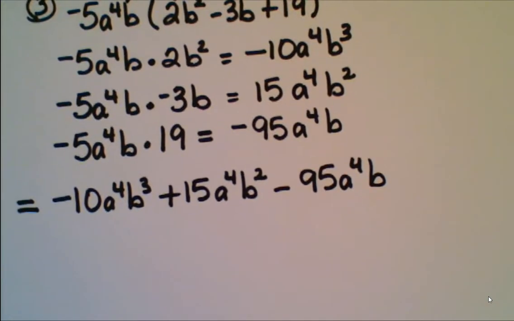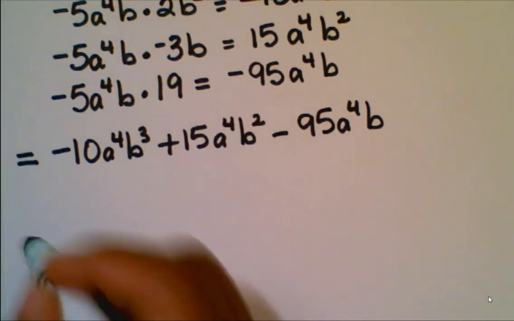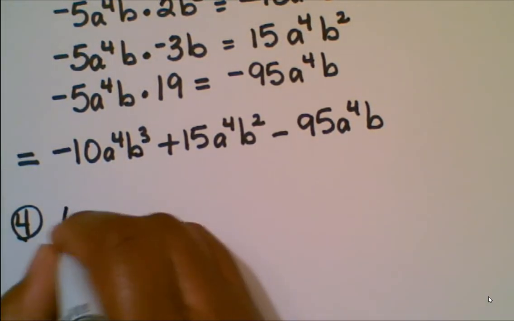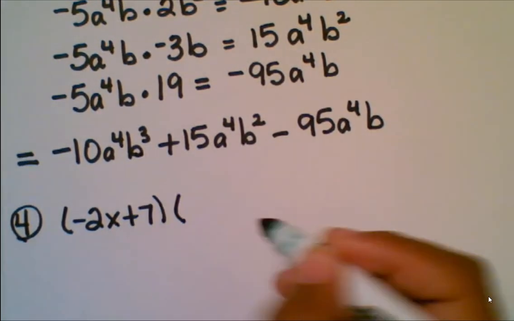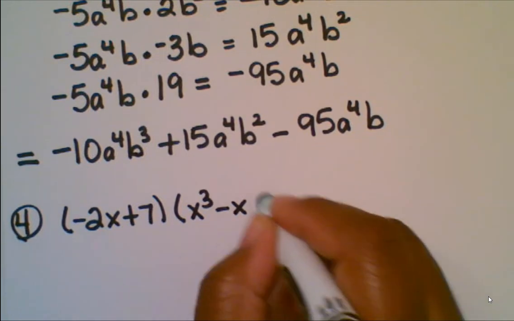Next example, number 4. We have negative 2x plus 7 times x cubed minus x plus 5.